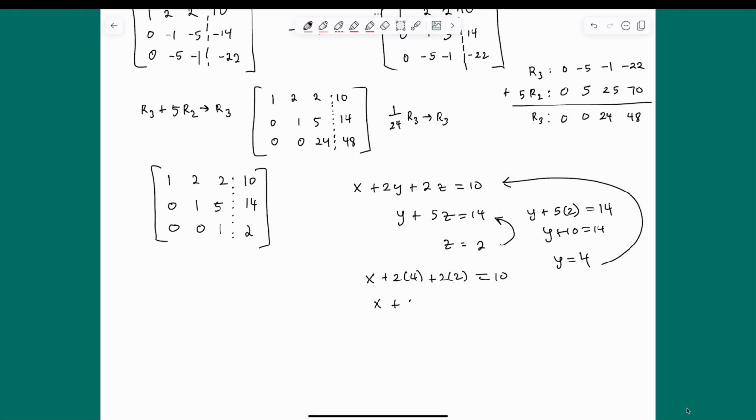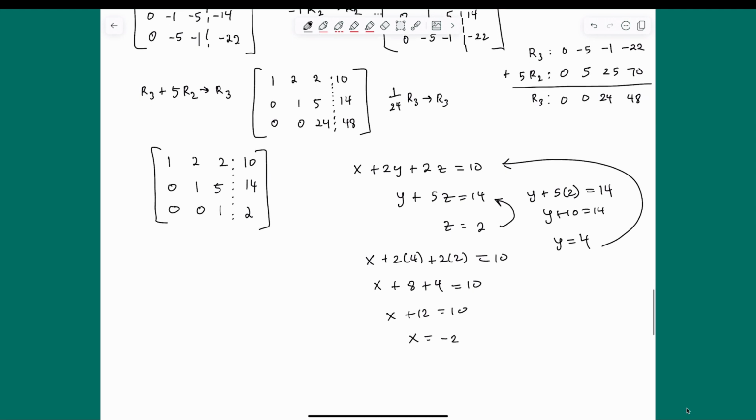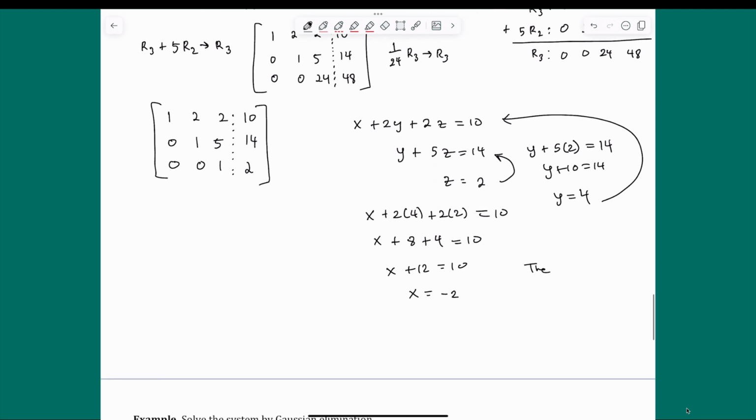So x plus 8 plus 4 equals 10, so x plus 12 equals 10, which tells us x equals -2. And we can see that the solution is -2, 4, and 2.